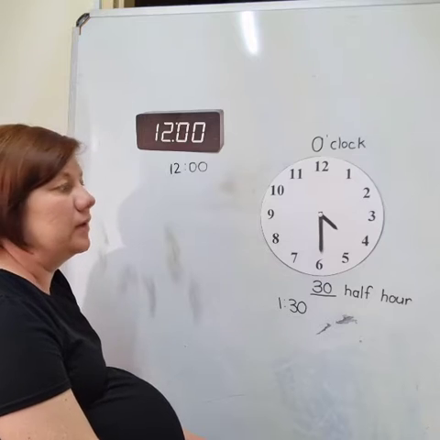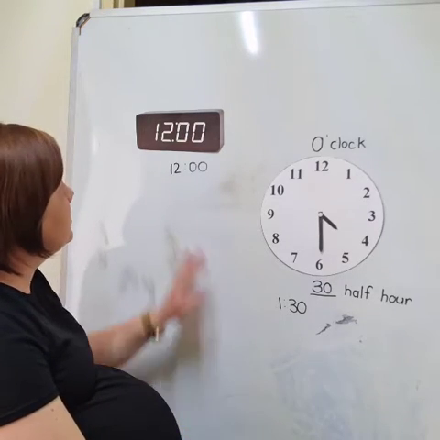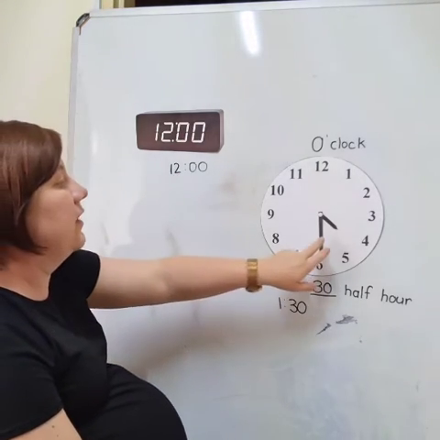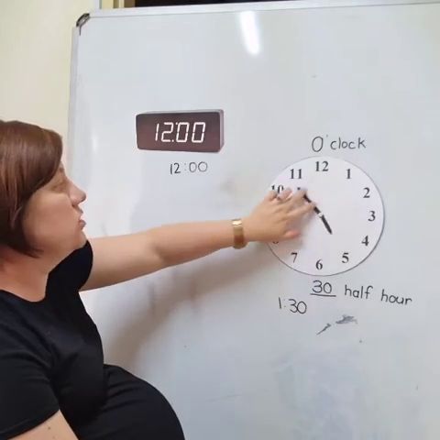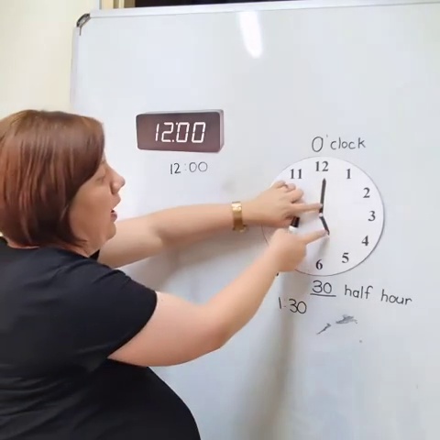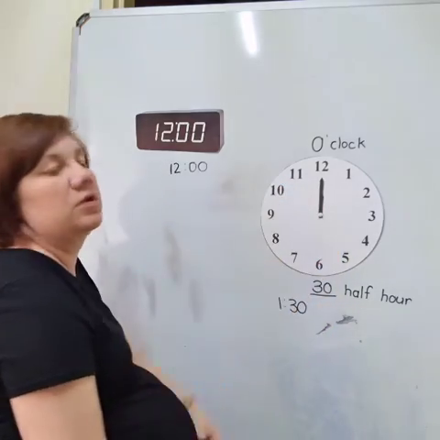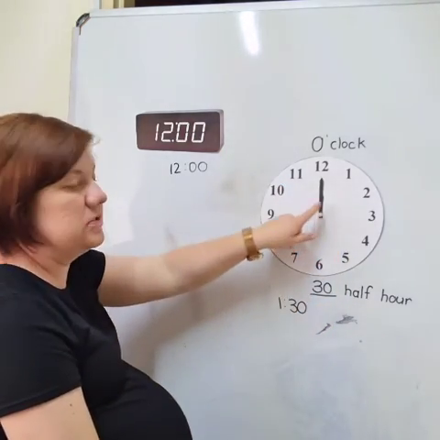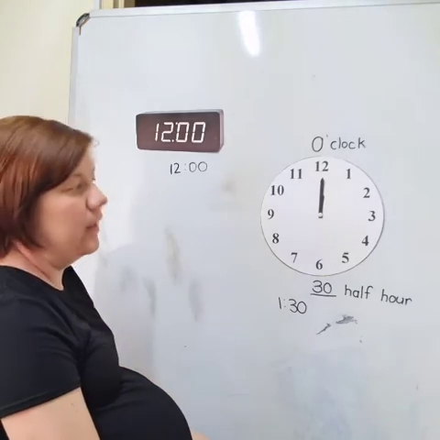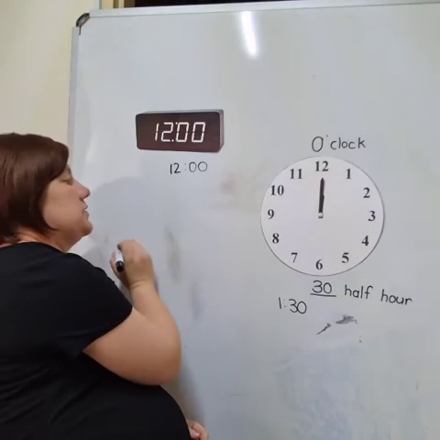Good. Well done, guys. So when we say 12 o'clock, we say that our minute arm is on the 12 as well as our hour arm is on the 12. That represents 12 o'clock.